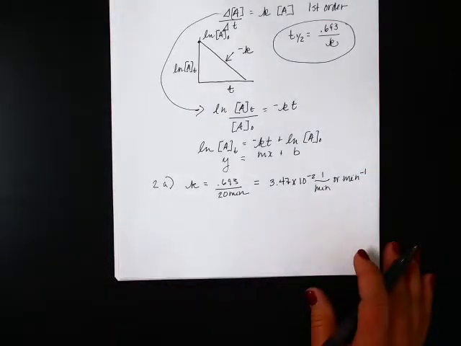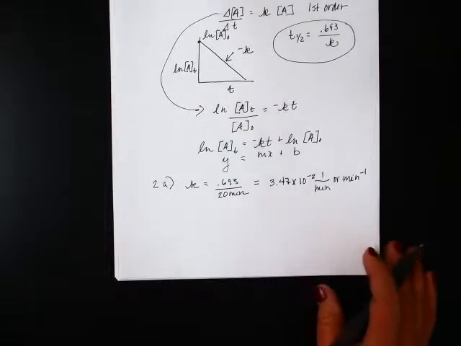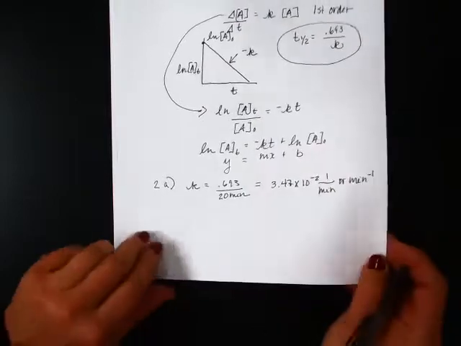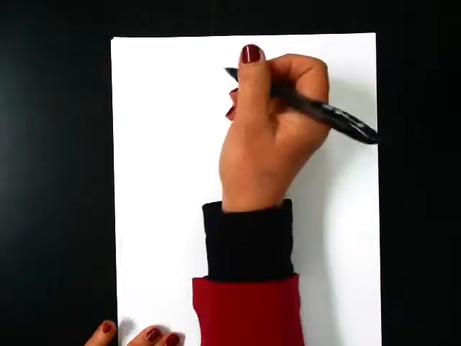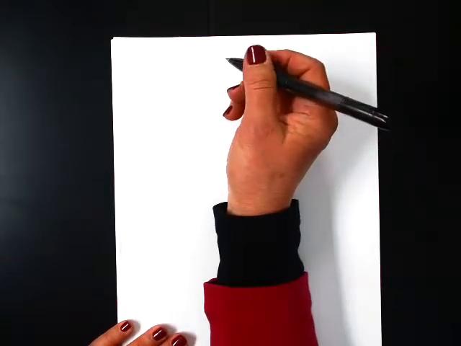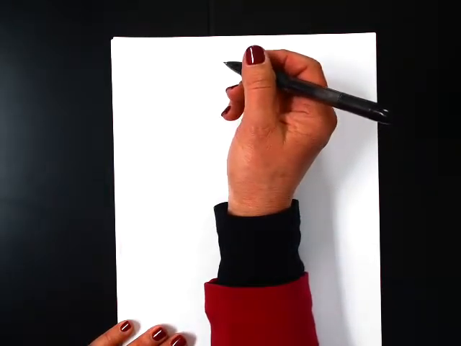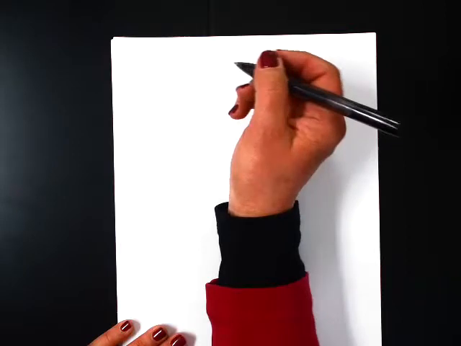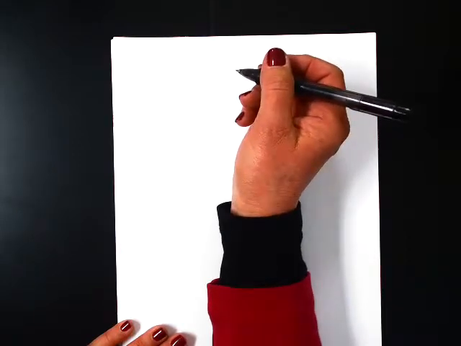In the next problem, I'm going to flip to a new piece of paper. You are asked to find the amount of time it takes to convert 20% of A, our reactant, to product.